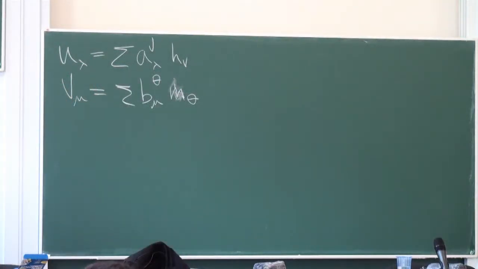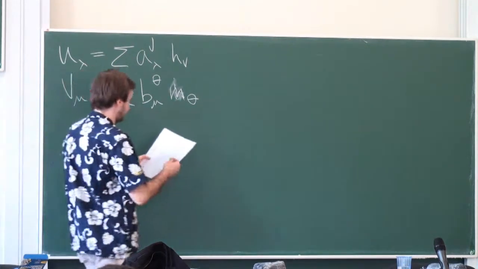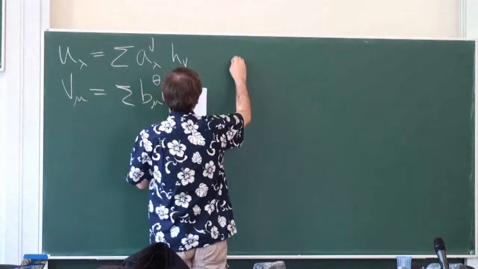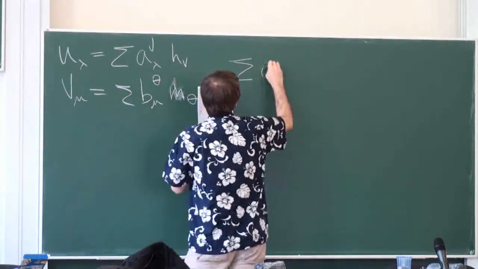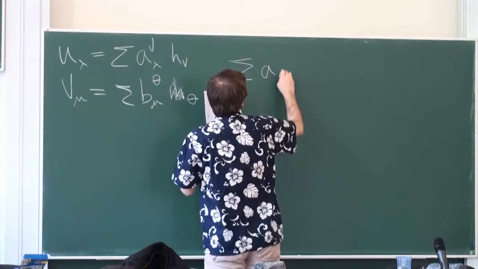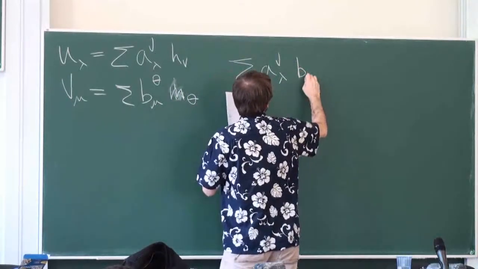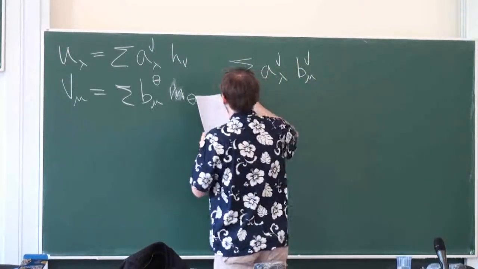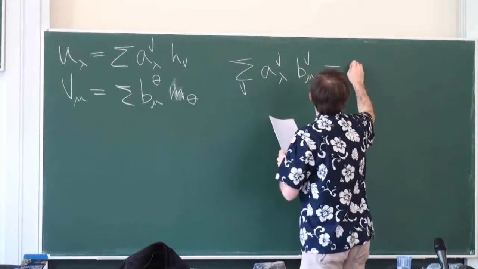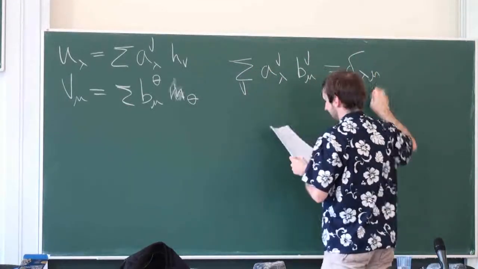Then the first statement is just equivalent to the identity that the sum over nu of A_lambda nu B_mu nu is the delta function of lambda and mu.